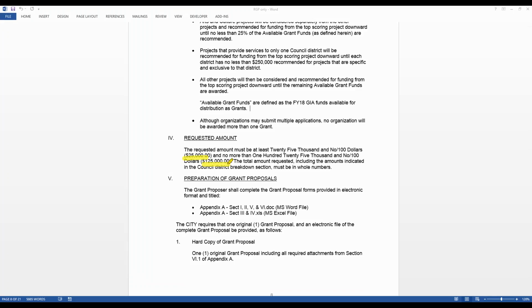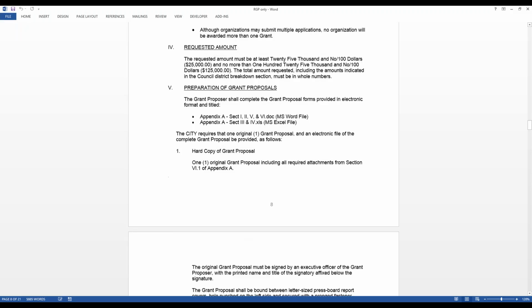Make sure you don't propose a budget over $125,000. We already talked about the format of the grant proposal: 1 original hard copy and 1 electronic version of the completed original hard copy.